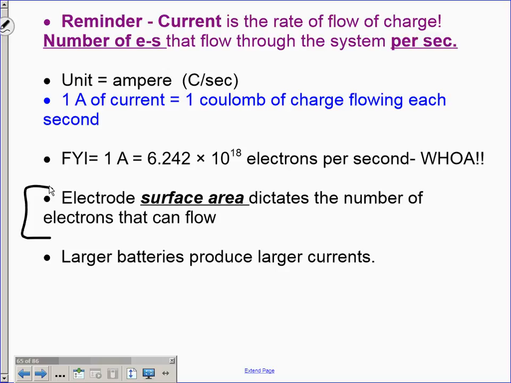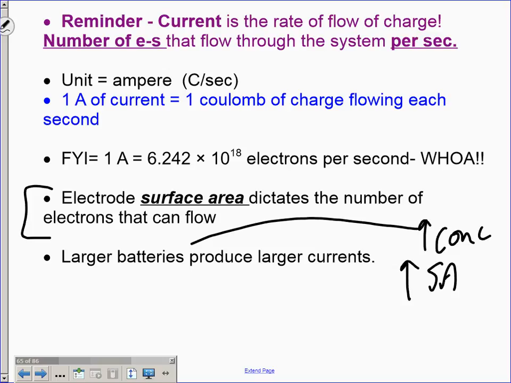Larger batteries have more space to work with, so you can change up their concentrations, so they can usually create more current. Larger batteries can have either higher concentrations or increased surface area within. That's probably about all they have as an advantage, so they can create more current.